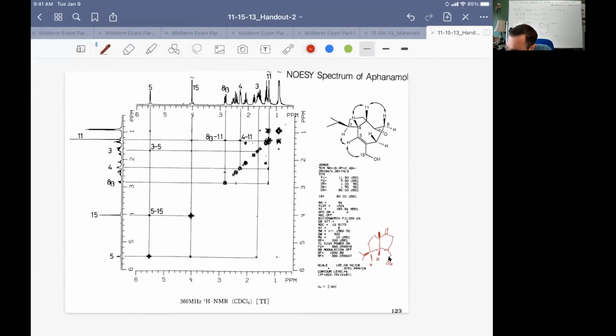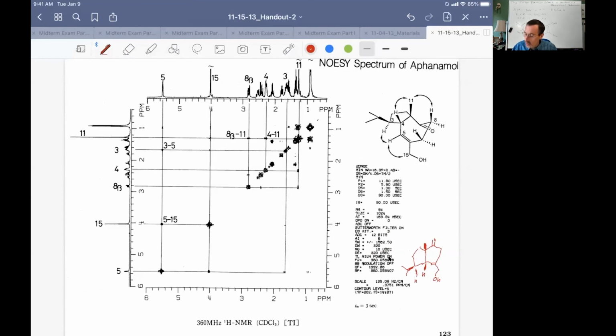And so I just want to give you a quick overview of what you're looking at in the NOESY spectrum. In the NOESY spectrum, we see an NOE between the hydrogen that's next to the isopropyl group and the hydrogen on the double bond. It appears as a cross peak here. So that provides some evidence that that hydrogen is on the same side of the ring fusion as the alkene.